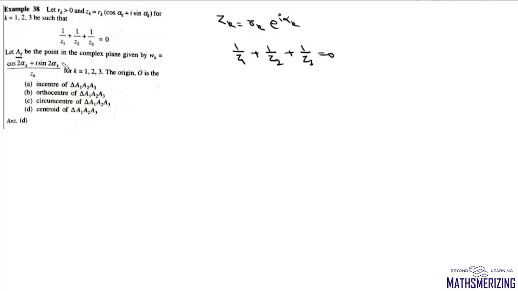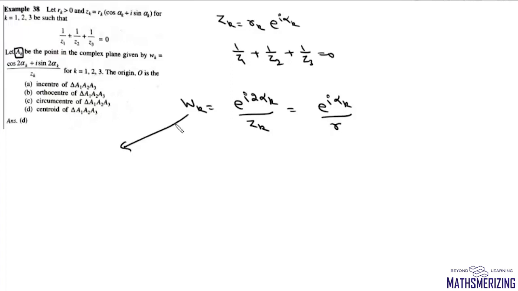Now it says, let Ak be a point in the complex plane given by Wk, which is e to the power iota 2 alpha k upon Zk. Now this is nothing but e to the power iota alpha k upon Rk. Now for this triangle A1, A2 and A3, we need to find the origin is which of the following points.